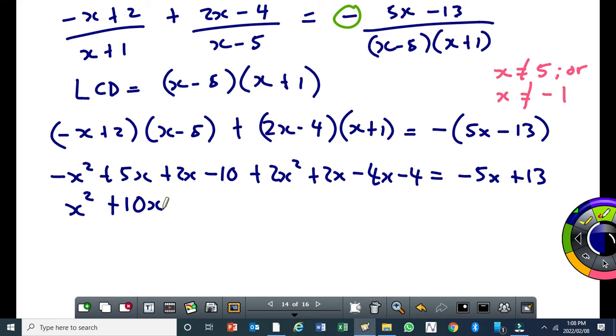Minus 10 minus 4 gives you minus 14. If you bring that positive 13, you get minus 27. This will be equal to 0. Assume that I didn't make any mistake. That's the equation that I'm getting there. I doubt I did. My FOIL was fine, and then I simplified.